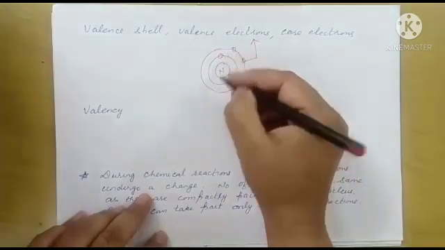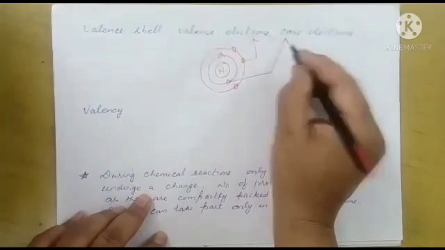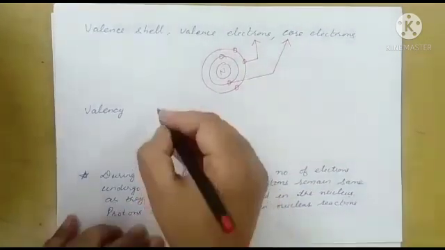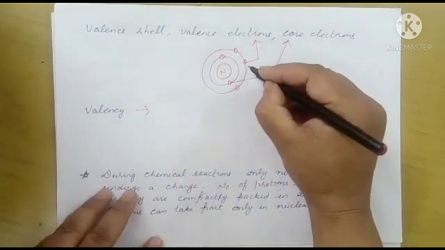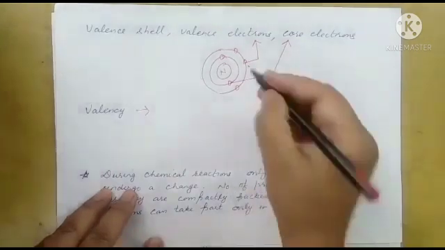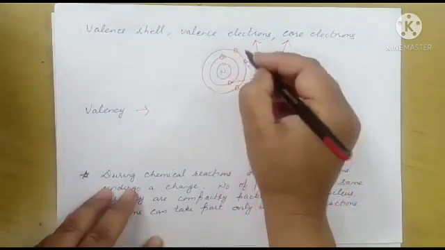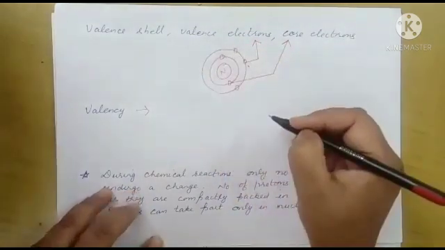The electrons present in the inner shells we call core electrons. Valency. Valency is the number of electrons lost, gained or shared in the outermost shell or valence shell of an atom.